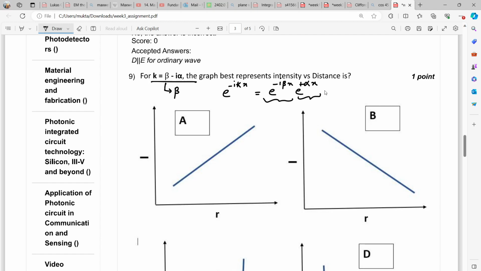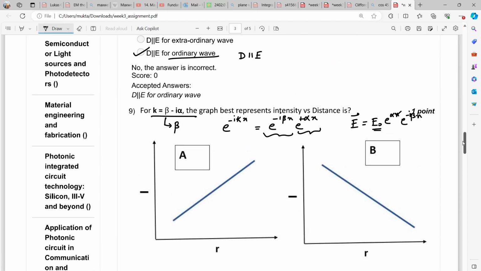So when I'm writing the electric field, E is nothing but E naught e power alpha x into e power minus i beta x. So this term will actually lead to amplification of E naught. So for very large values of x, in this case r, I should have written r, this term will blow up, right?